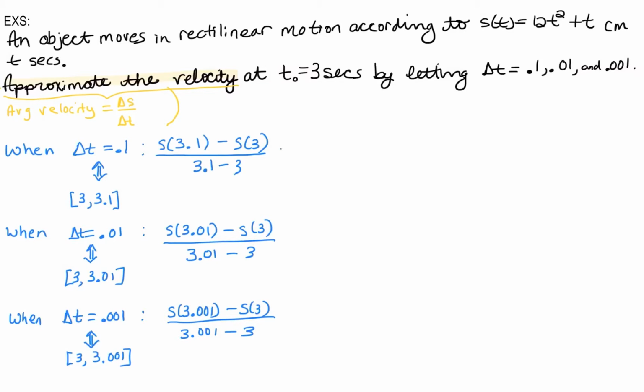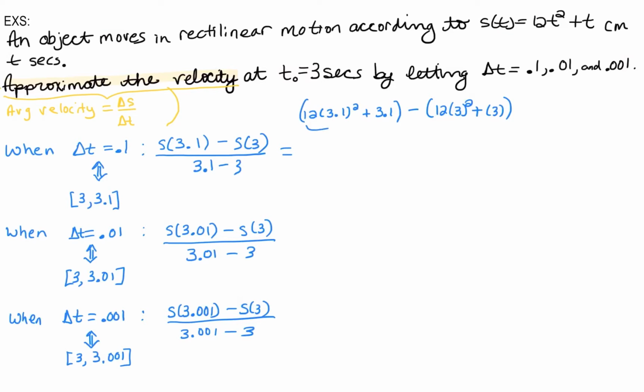Now my S of 3.1, and I'm not going to show all the work all the time here, but if you were to sub 3.1 seconds back into the original function, so this is S of 3.1 minus S of 3, of course, subbing 3 into the original position function here.